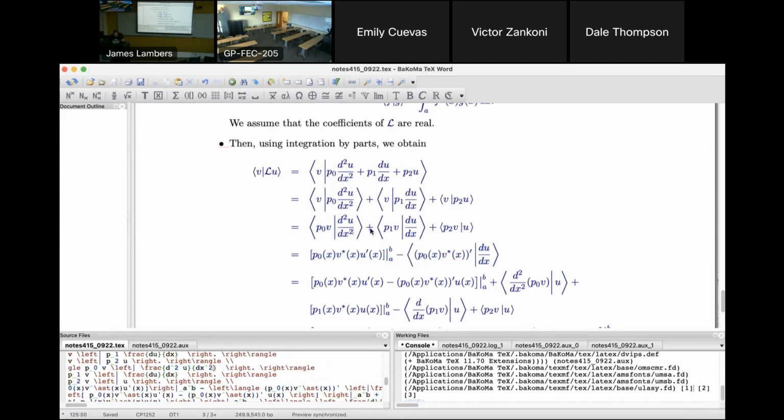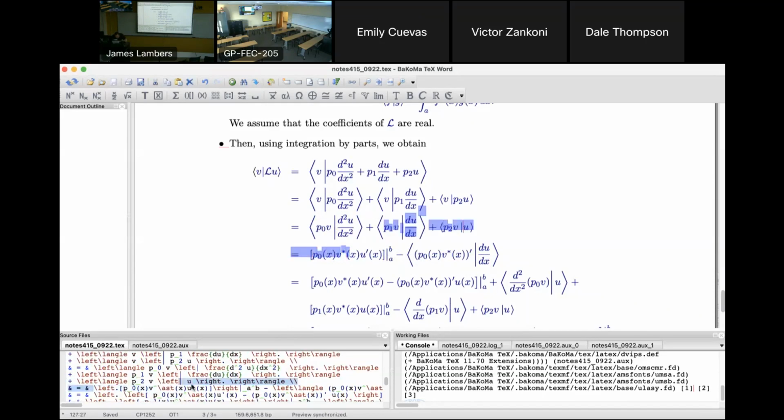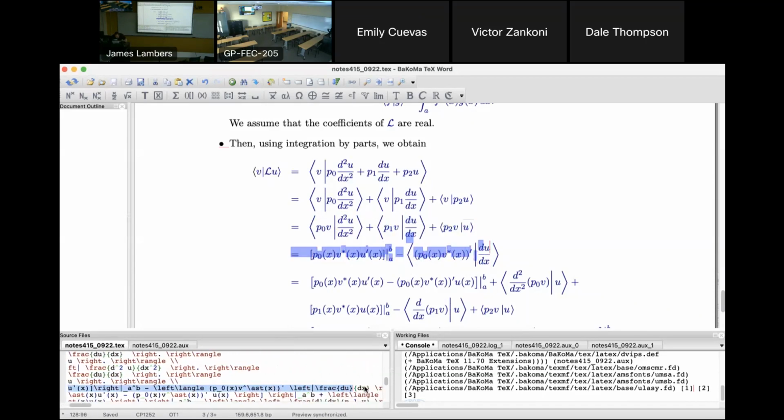But now I'm going to do exactly the same thing to this term. So wherever you see P0 here, I'll have P1, and then I'm going to have one order of differentiation less throughout for U. So it will be a similar expression.